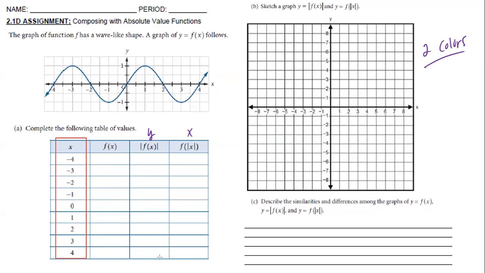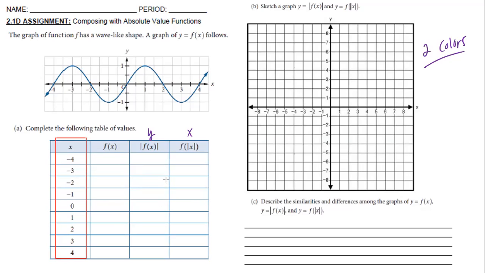I just want to make sure your x value is going to be the same for each one of these columns. So for example, if I'm at -4 on f of x, I'm going here, right? And what is the value of -4? 0, right? So now I have my original and then I create everything from that, okay?